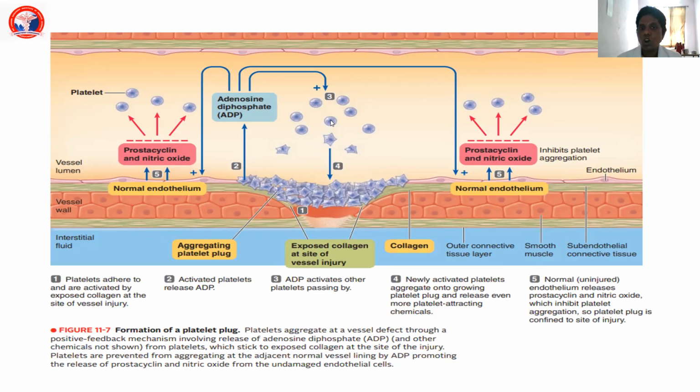See, this is the normal platelet, and this normal platelet is being converted into a platelet with spiky projections. This reorganization will favor the adhesion of the platelet at the injury site. And this is how adhesion of the platelet occurs.